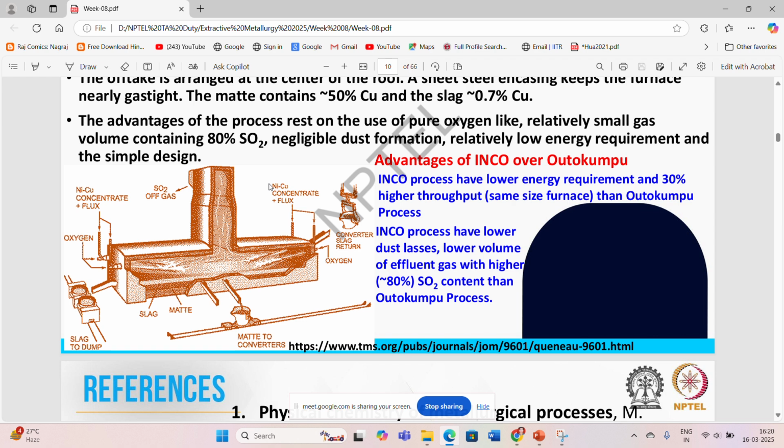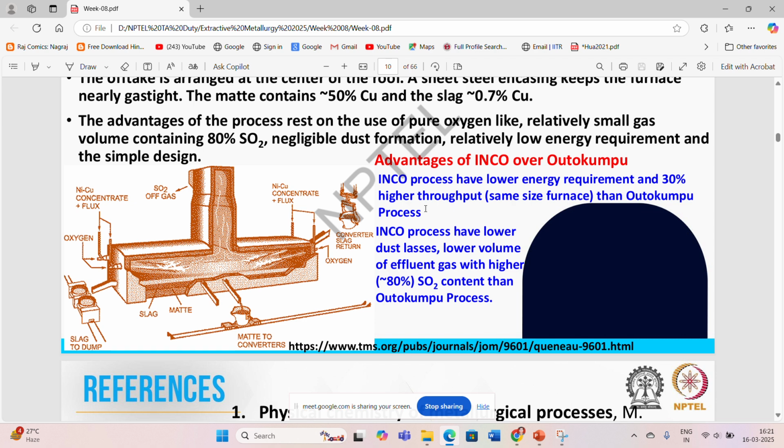Because we are using pure oxygen in the burners, it helps reduce the heat losses via flue gases, since there is no nitrogen presence, which is a major cause of heat loss in the flue gases. Then the advantage of Inco over Outokumpu processes: the Inco process has lower energy requirement and 30% higher throughput because we are providing pure oxygen inside the furnace.